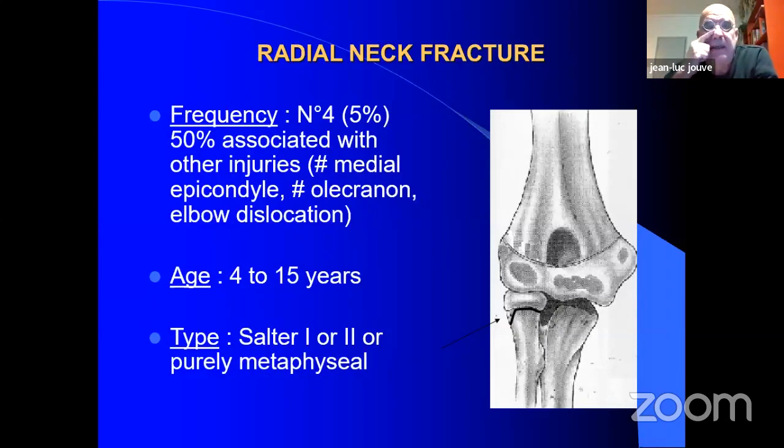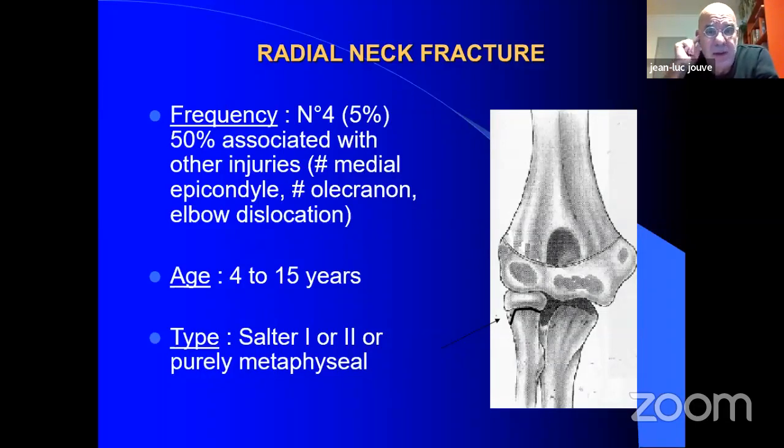So let's begin with the radial neck fracture. The radial neck fracture is 5% of children's fractures, and in 50% it is associated with other injuries: medial epicondyle, olecranon, elbow dislocation.